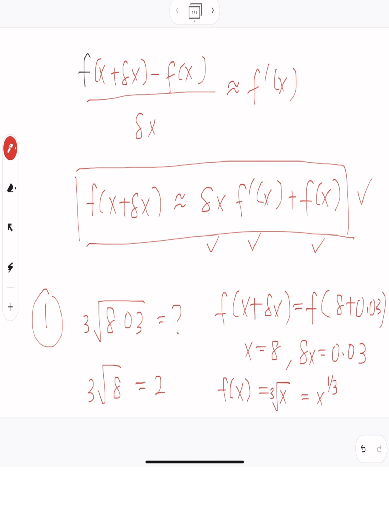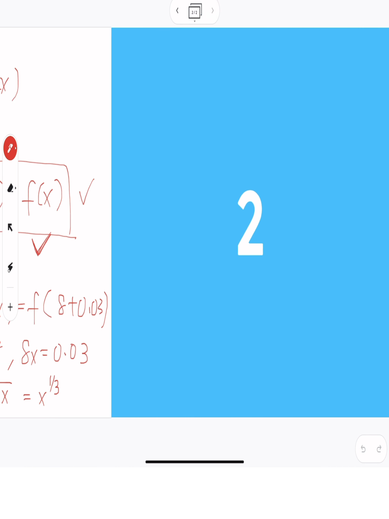Now we want to find the f prime. Since f(x) is x power of 1 over 3, which is basically cube root of x, we can find the f prime x, which is 1 over 3 x power of minus 2 over 3.